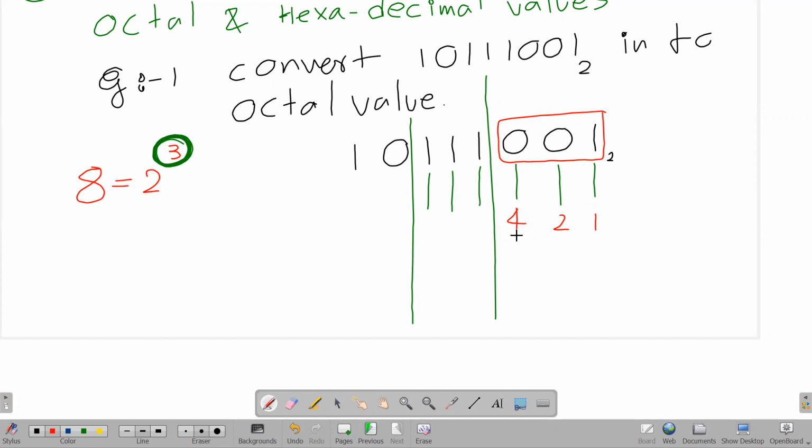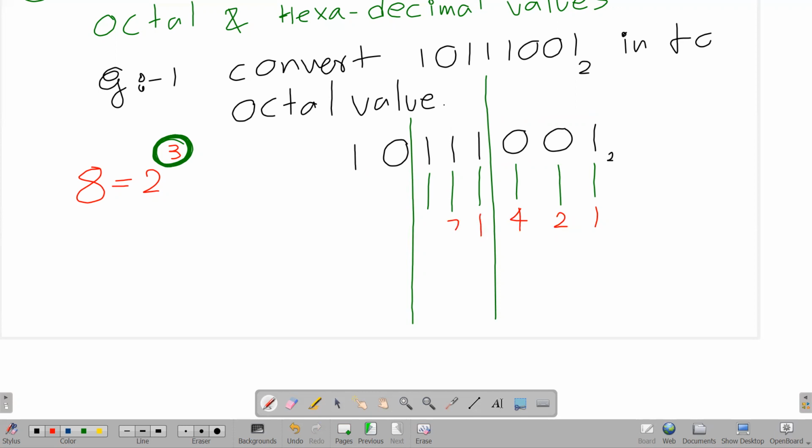Yes, people, is that clear? Like how I came up with the 1, 2, and 4 for this small group place values? Likewise, each and every group is considered as a small binary value, so by considering it, we convert this small binary value into its decimal equivalent.